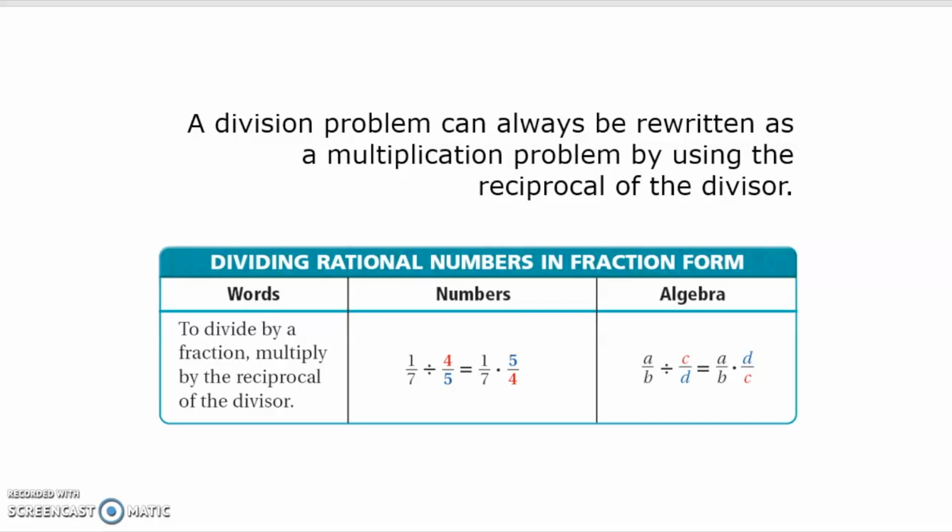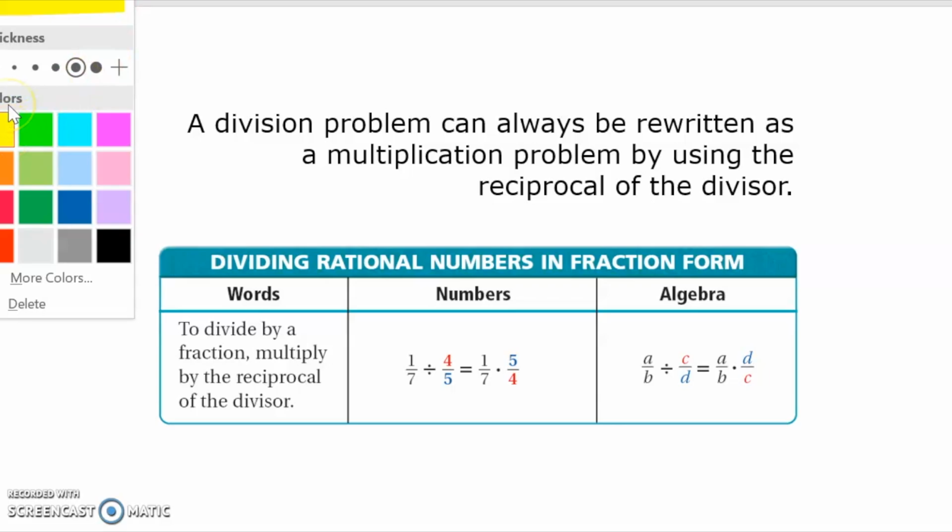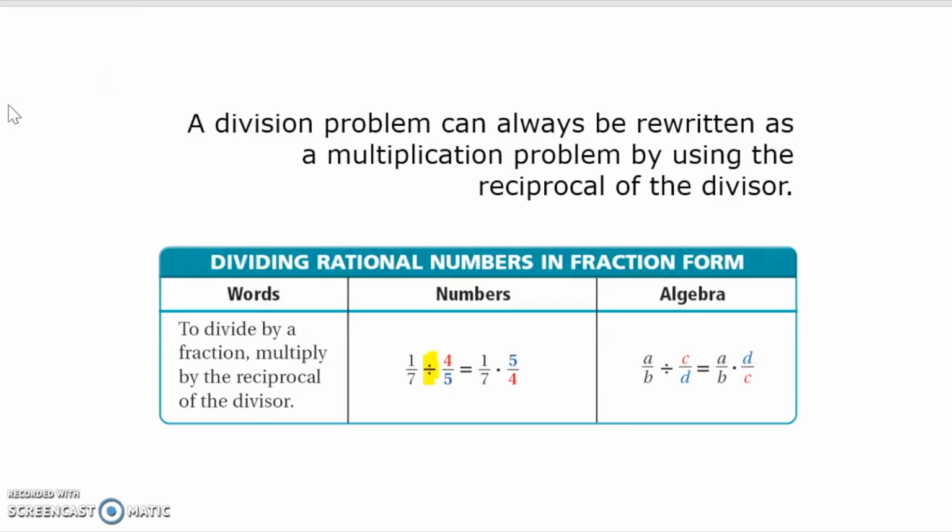So quick reminder on just fractions. This is just a reminder on how we divide fractions. When we're dividing fractions, we're going to change it into multiplication. And we're going to do that using a process called keep. So we keep the first fraction the same.